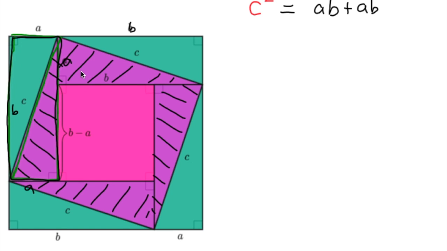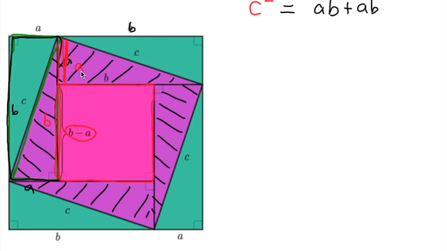Now this is where things start getting really interesting, and you see that we're left with this square on the inside. This diagram shows us that the length of the side of this square is b minus a. Just to prove that, the side length right here that we've been dealing with on the triangle is b. The smaller side length of the triangle here is a.